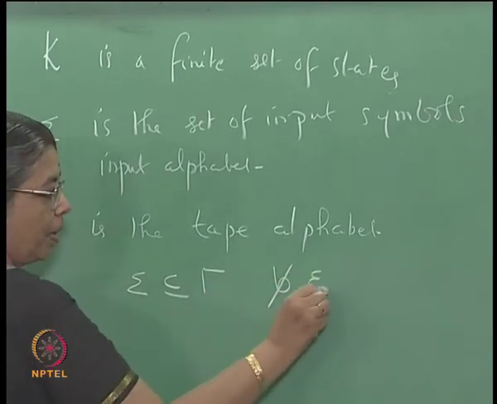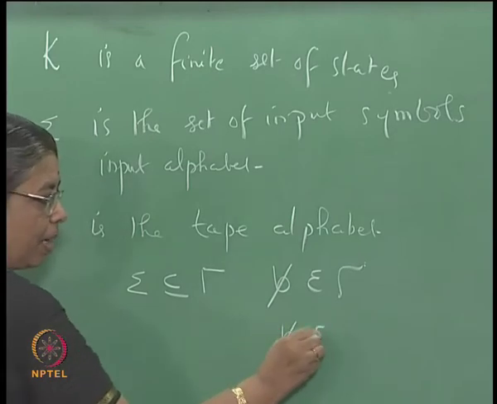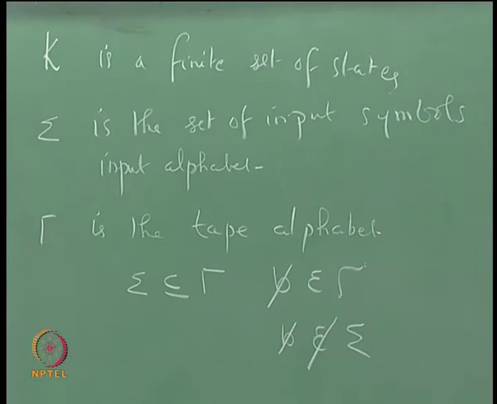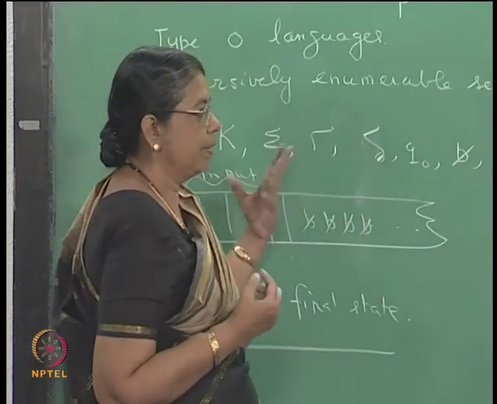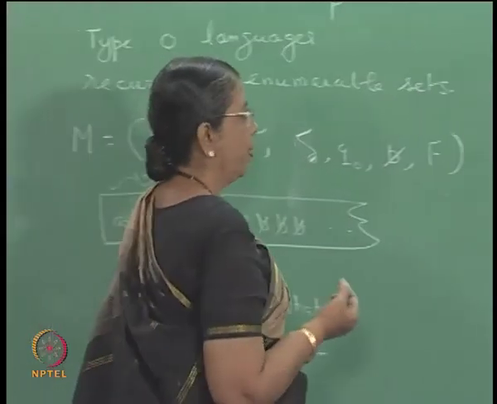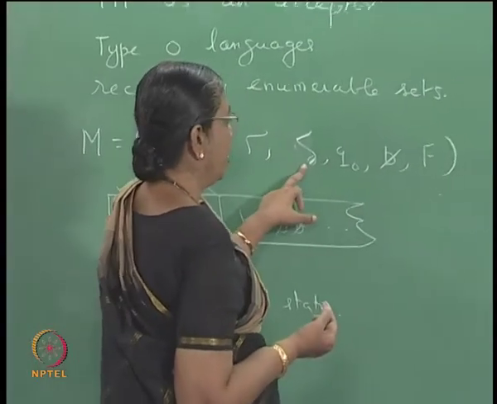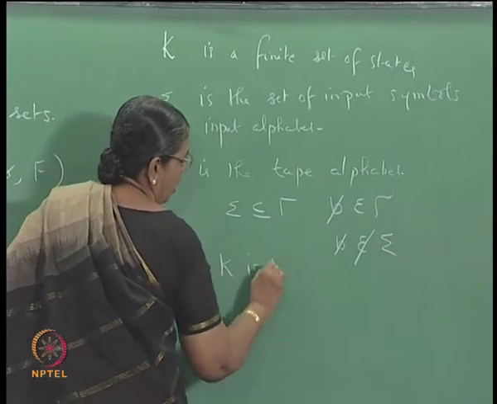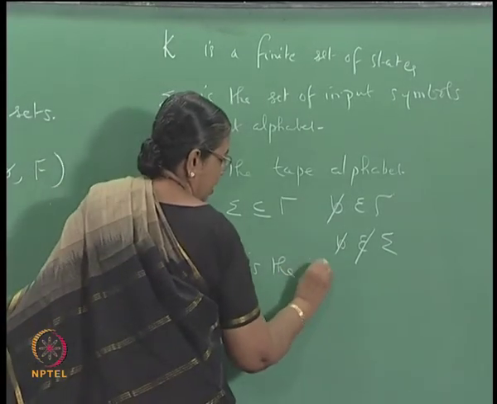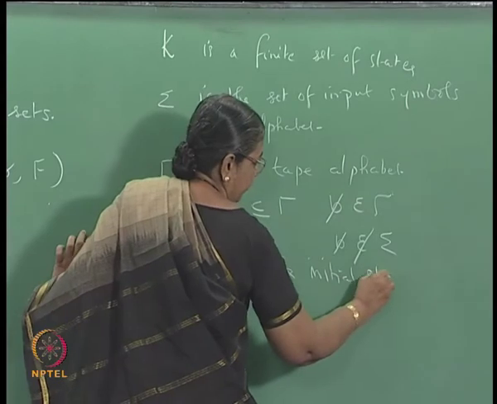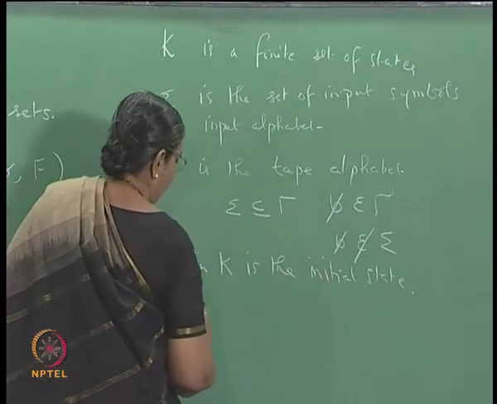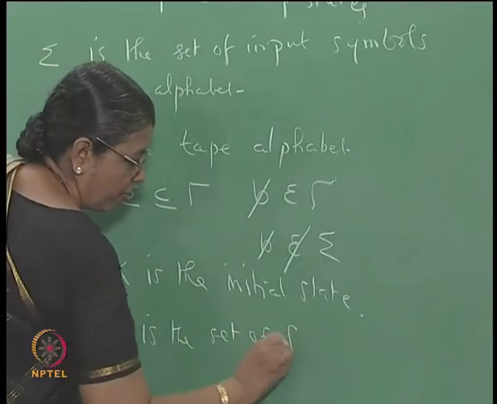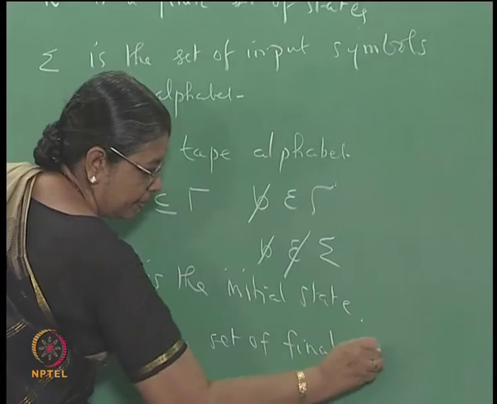Blank belongs to gamma, but blank does not belong to sigma. The blank symbol is denoted like this. It is a symbol of gamma, but it is not a symbol of sigma. Delta we have to specify. Q naught in K is the initial state. F contained in K is the set of final states.